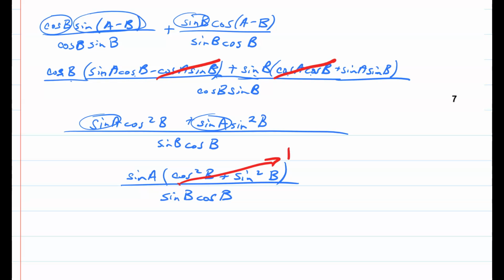And that leaves us with the sine of a over the sine of b cosine of b. And we're done.